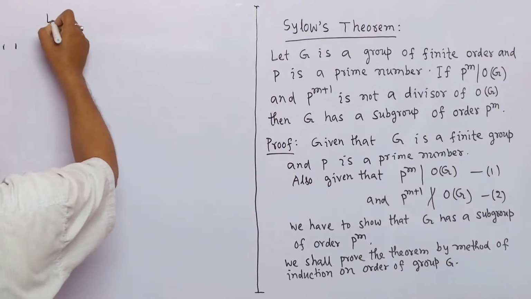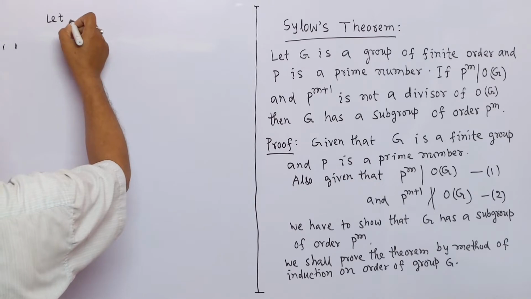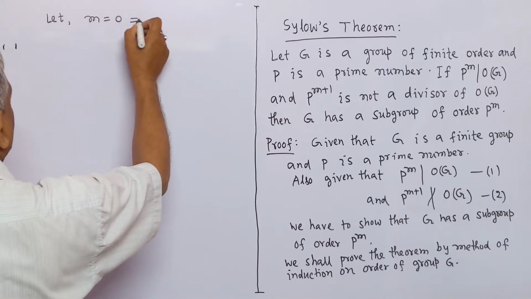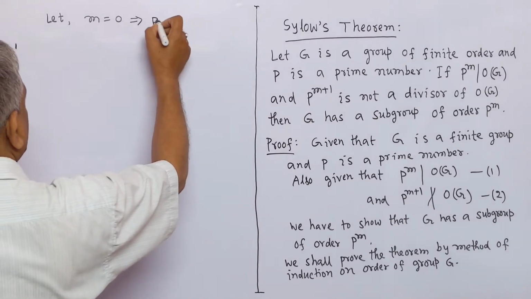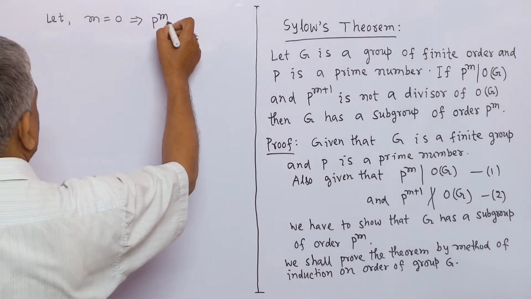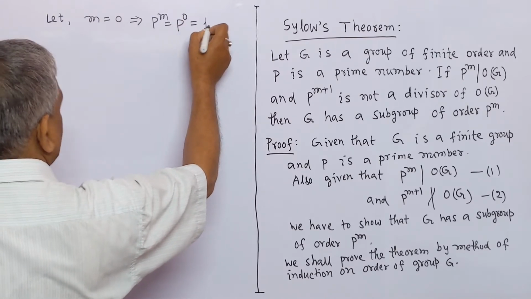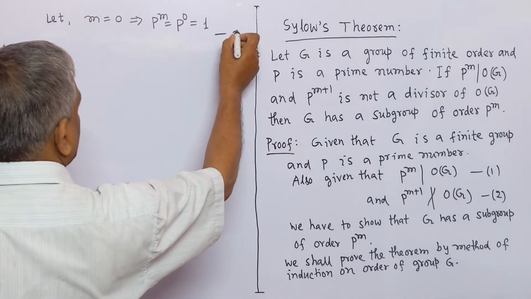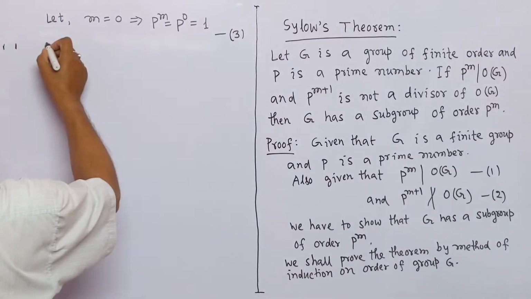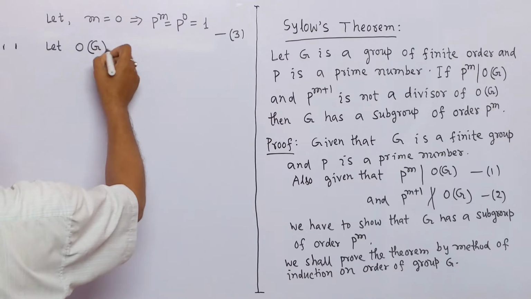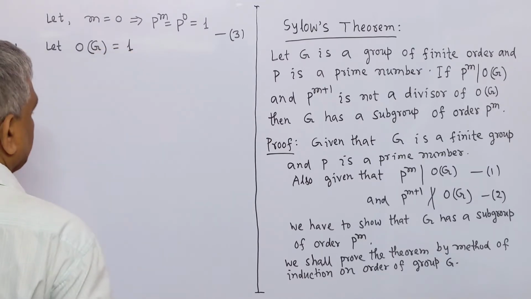Let m equal to 0 implies that P to the power m equal to P to the power 0 equal to 1. Let this is number 3. Let order of G equal to 1.